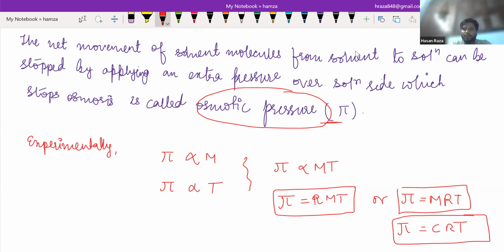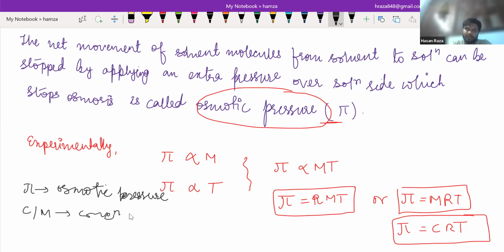Now I'm going to tell you what is pi. Pi is basically osmotic pressure. C or M is basically concentration, that means molarity. T is temperature.